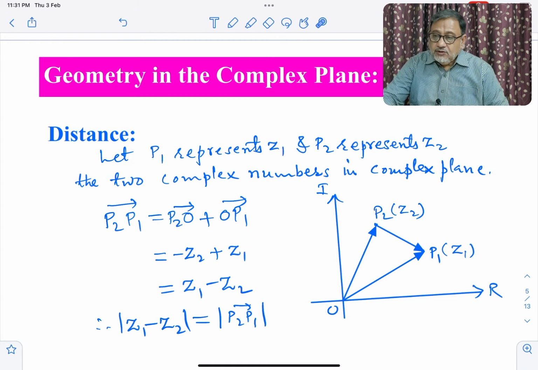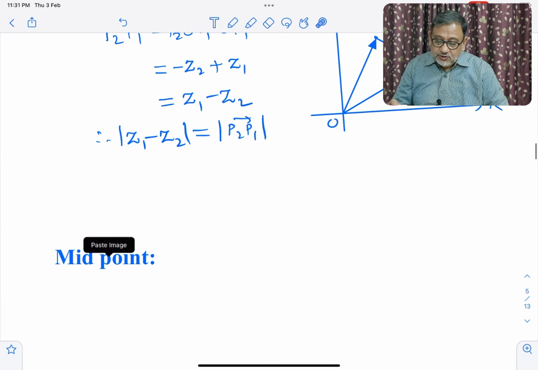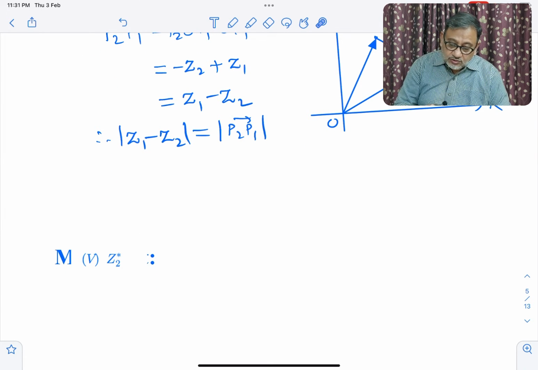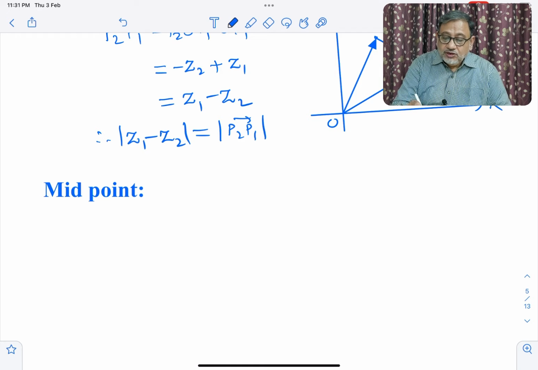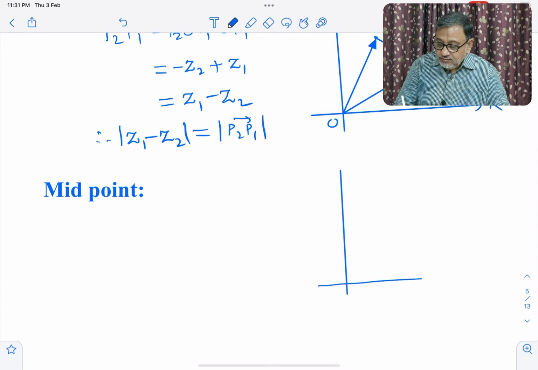Now in the same way we can find the midpoint also. So look at this. Midpoint. For that, let me draw the complex plane.